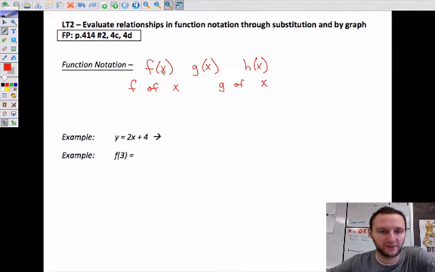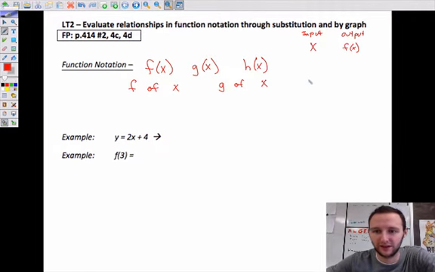What this means is that f is a function of x, and that's where the f of x comes from. In terms of input-output, x is the input and the output is f of x.